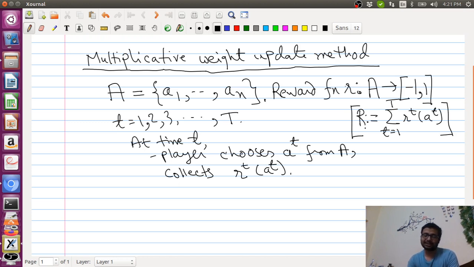The player wants to maximize the total reward, but the decision that it makes in each step is made without the knowledge of R^t. The player knows about R^1 through R^(t-1) but does not know what R^t is. Once the player makes this choice, R^t is revealed to it, and so it knows the reward that its last decision brought it, and also the reward values of all other actions.